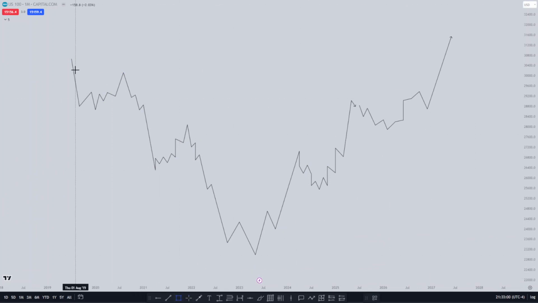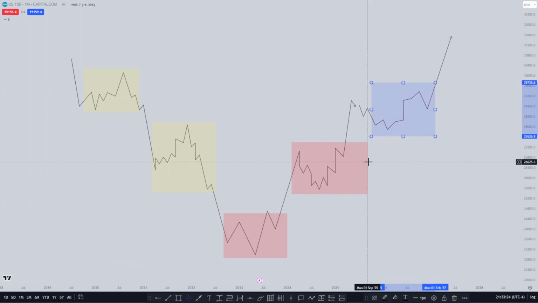Now look at this. This is first stage, second stage, small money reversal, redistribution, right?